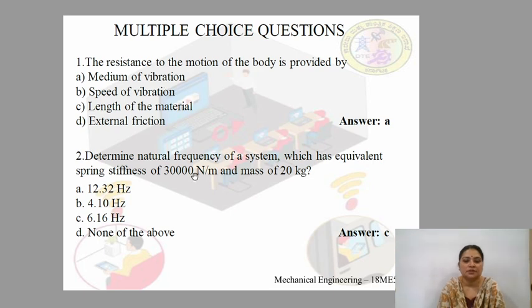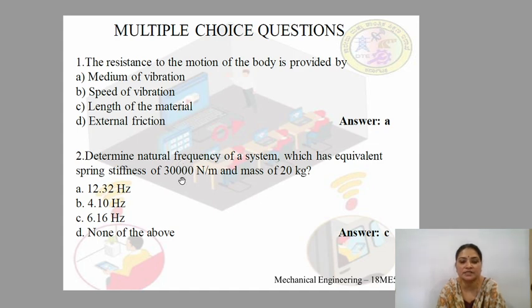We have the second question like this. Determine the natural frequency of a system which has an equivalent spring stiffness of 30,000 newtons per meter and a mass of 20 kg. Here we have to use the formula to find the natural frequency. As we all know, omega n is equal to the square root of k by m, where k is the spring stiffness and m is the mass.